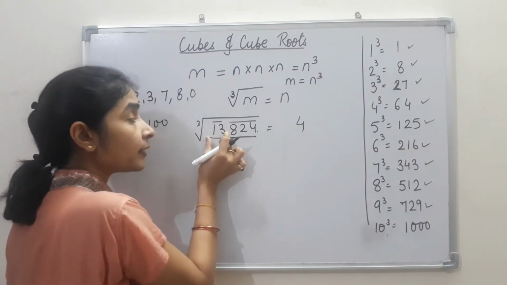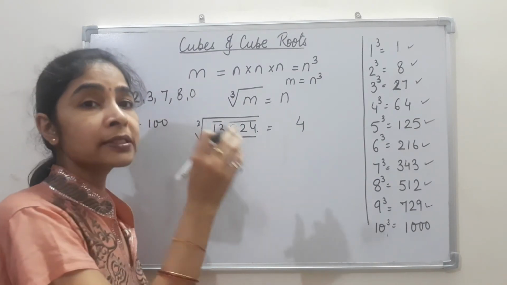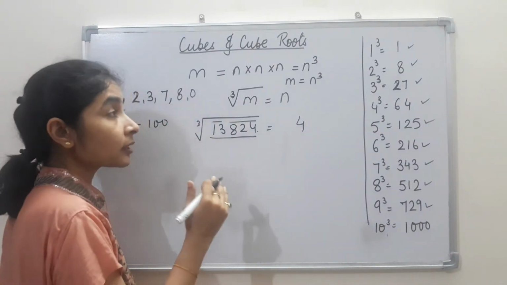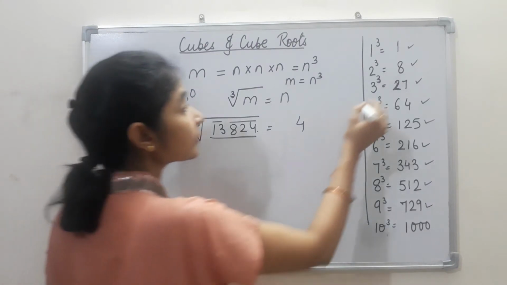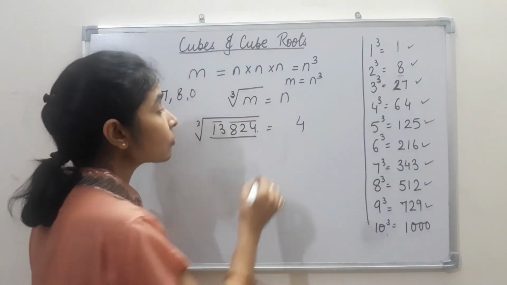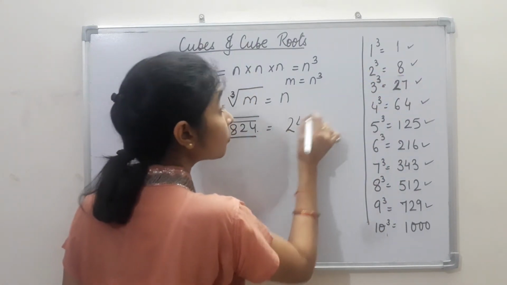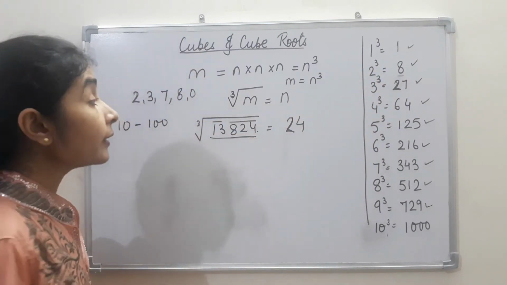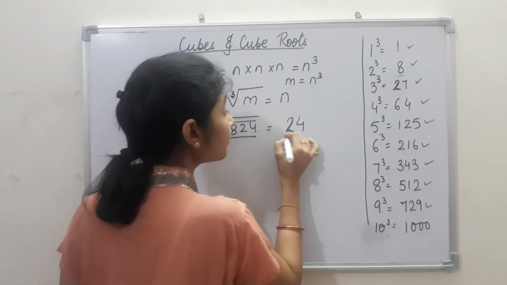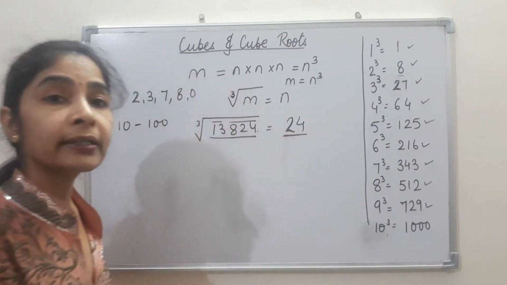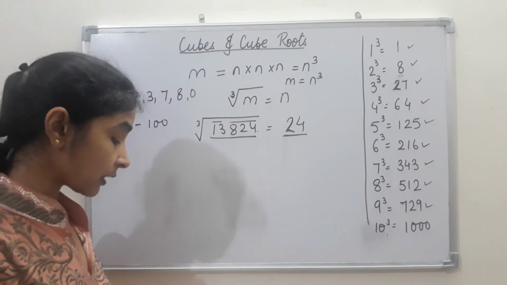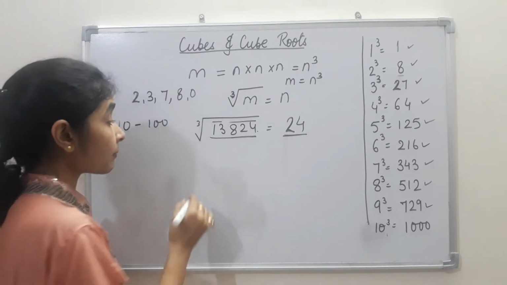We'll find out which is the perfect cube just lesser than 13, and that is 8. So we'll put the cube root of 8, that is 2, in the tens place. Now this number can be a cube of 24.